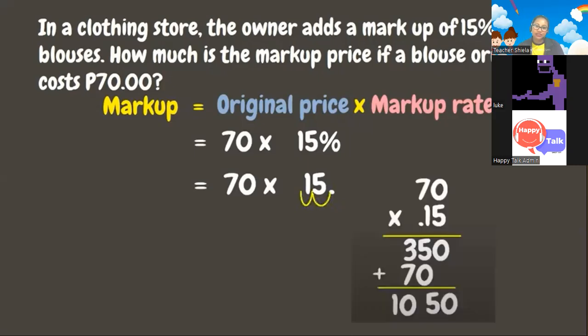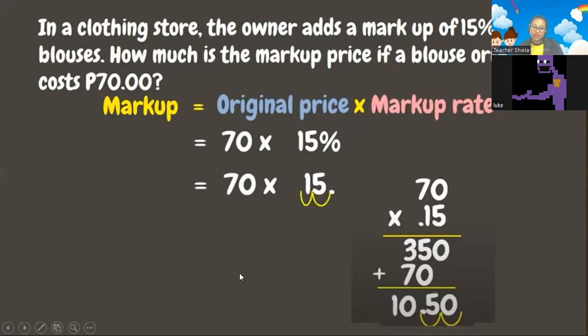And the answer earlier, like what you said, is 1,050, right? Yes. But since it has a decimal point here, you have to put the decimal point here, right? So the markup price will be, how much will be the markup price again?